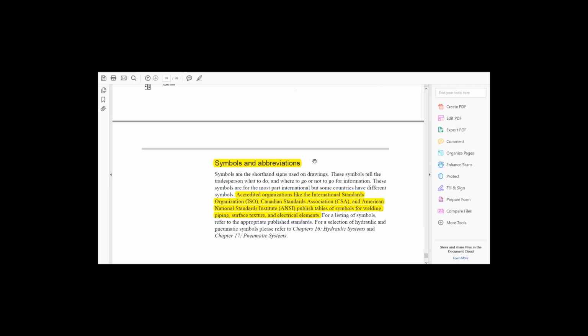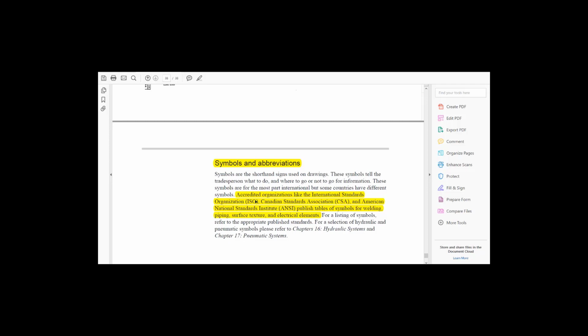And last is symbols and abbreviations. You will be dealing with three standards. First of all, it's the ISO. Second is the CSA. And the last one is ANSI. Those three organizations dictate the different symbols used in hydraulics, pneumatics, and piping to make diagrams.